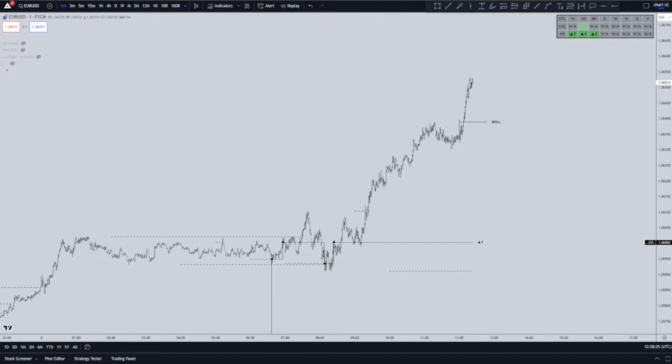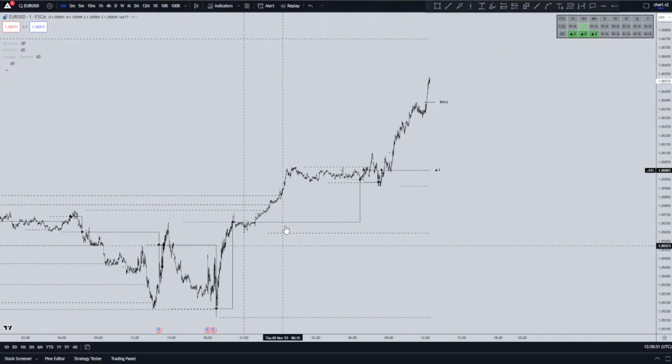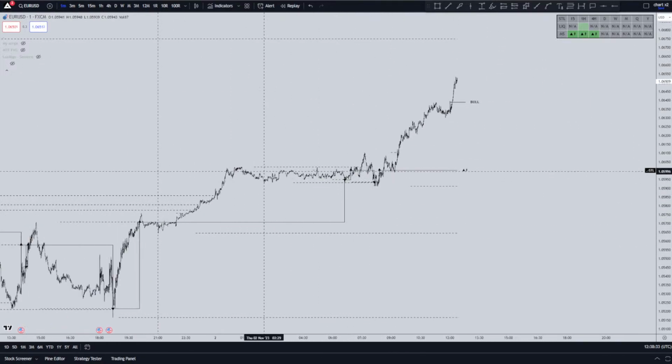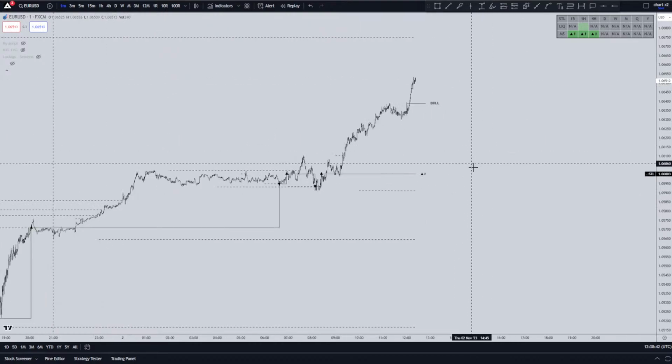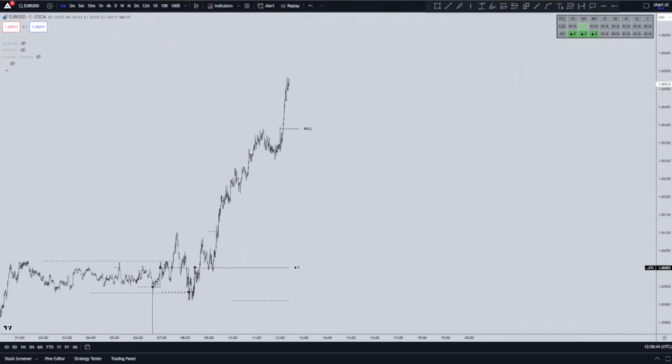Yeah. So just now what I explained was the same concept as what I'm going to explain in the second market structure, the same principle as for key levels for the ranges.